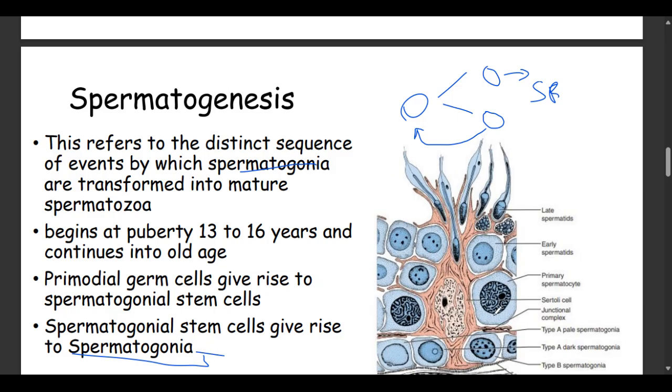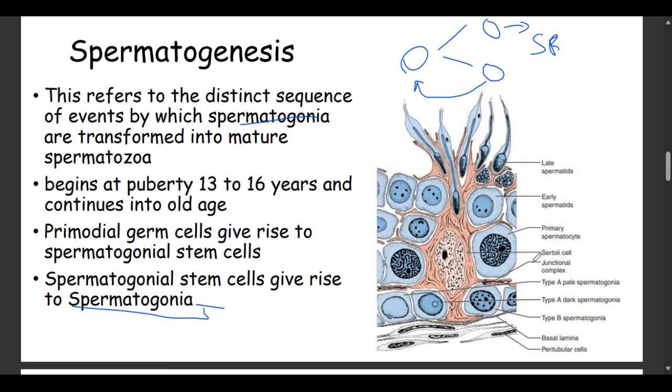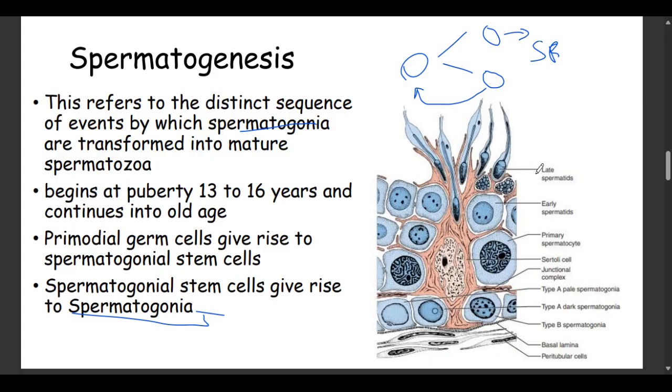This is the arrangement of these cells in pictorial form. If you look at the testis of a man, you find this arrangement of cells that aids in the production of the germ cells, the spermatozoa themselves.